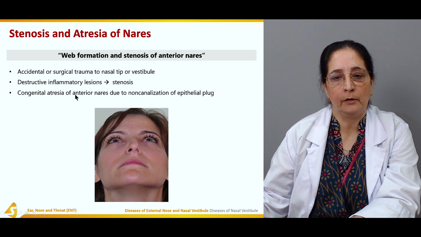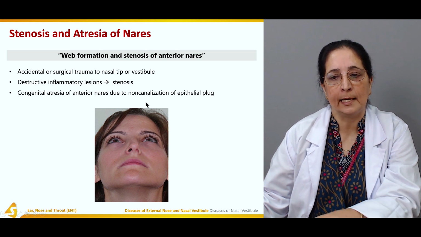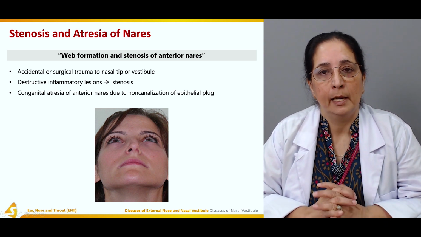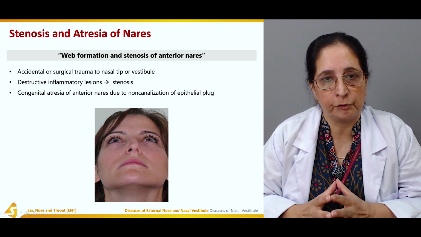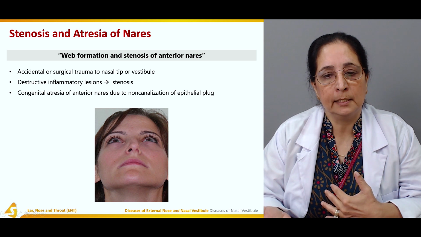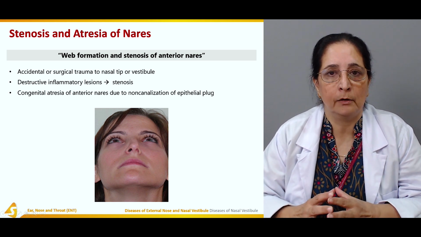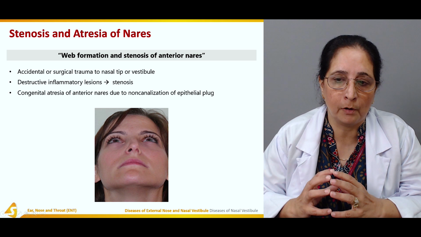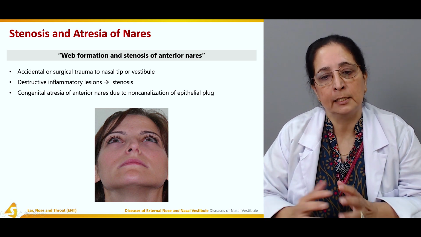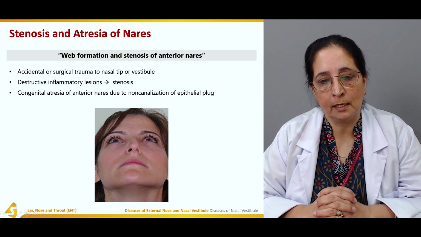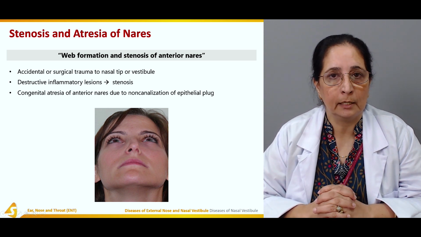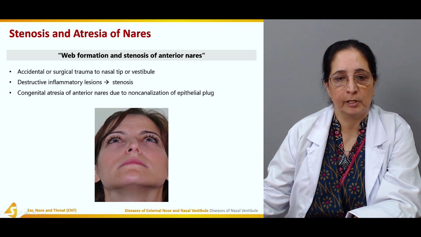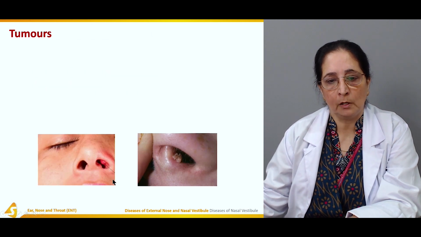Congenital atresia of the anterior nares is due to non-canalization of the epithelial plaque, where the opening is not formed during development. Patients will have problems in breathing, and all different types of complications can occur as a result of stenosis and atresia.